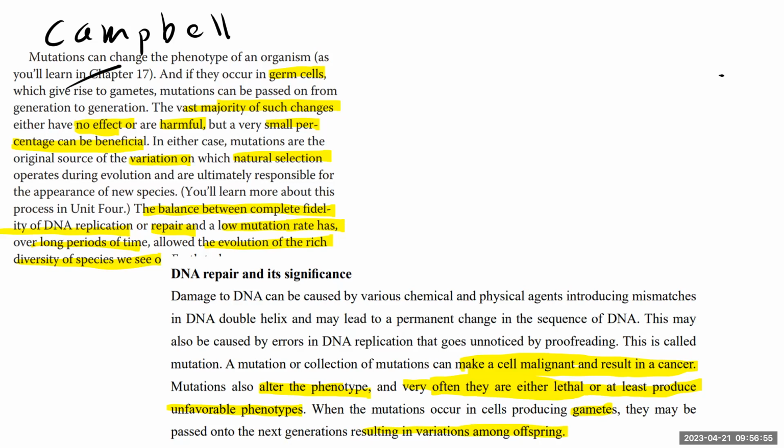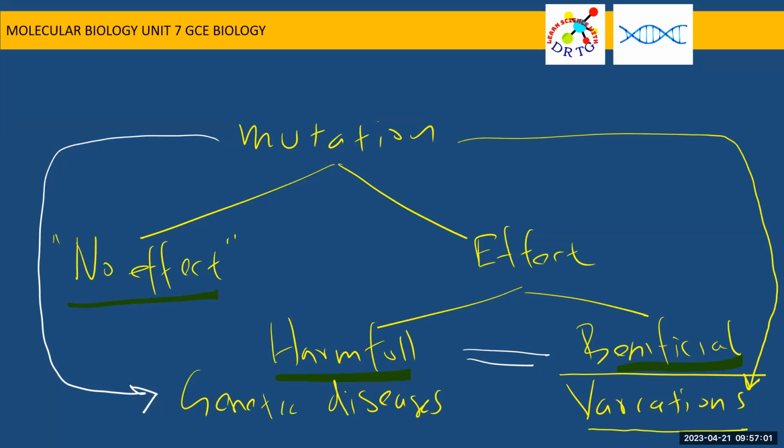Now I will explain the summary of mutations, taking the Campbell resource book and also my opinion. It's very difficult to make a very clear sentence when we talk about mutation.